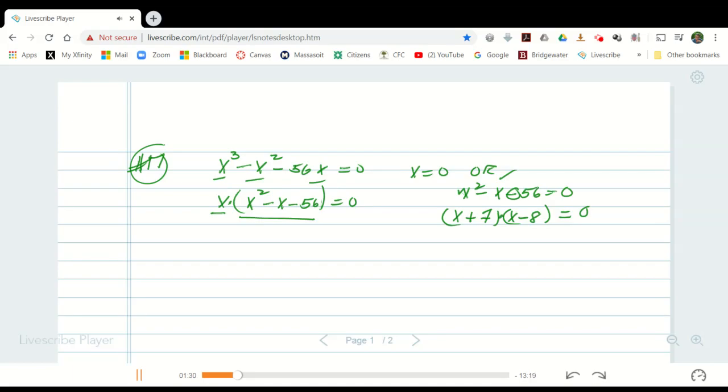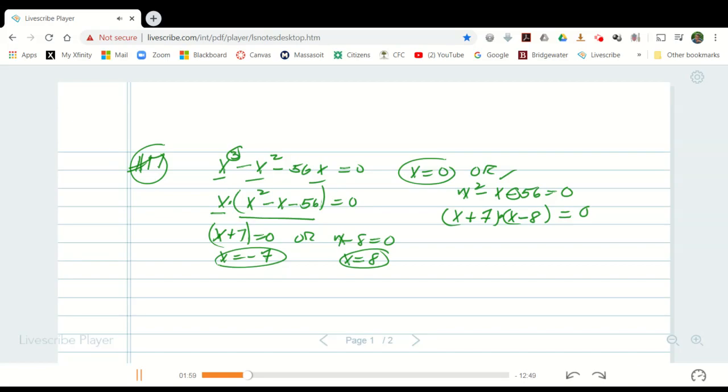And then if the product of these two equals 0, then either x plus 7 equals 0, which implies x is equal to negative 7, or the other binomial x minus 8 equals 0, which implies that x is equal to positive 8. So there are your three answers. Now, going into this, it's a third degree equation, which implies you get at most three solutions.